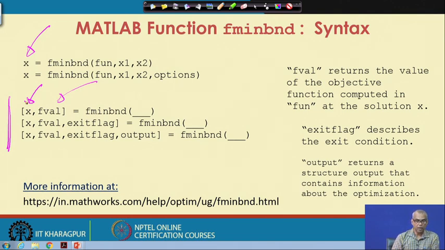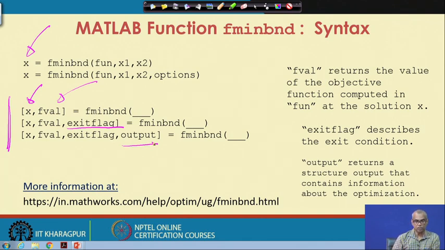You can also have as an output the exit flag, which describes the exit conditions, how the optimization was terminated. And finally, you may also have a structure called output as output variable, which will contain information about the optimization.